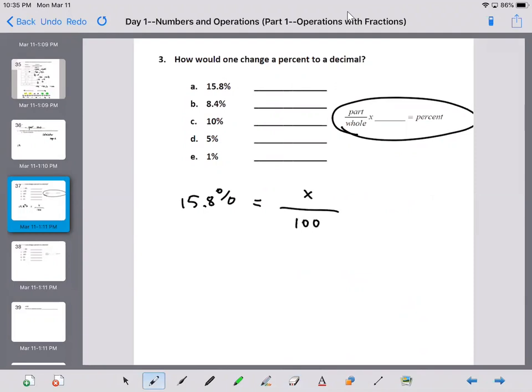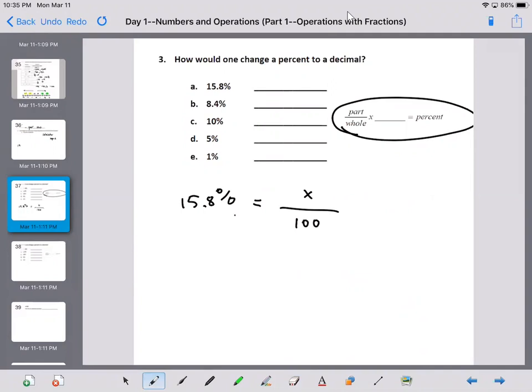So you may have been taught, okay, well, it's 15 and 8/10%. So what would that part be if I wanted to change it to a whole number?